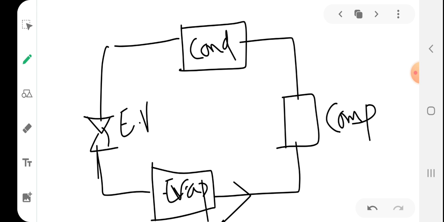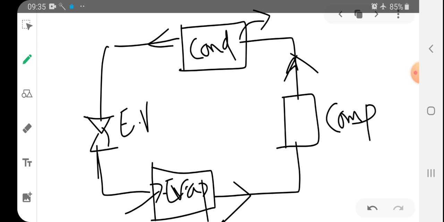these members, right? So a working fluid will absorb heat from the space to be refrigerated and carries this heat through the compressor where it is compressed to a higher temperature and higher pressure, and it reaches the condenser, and this working fluid rejects heat to the ambient space, right?